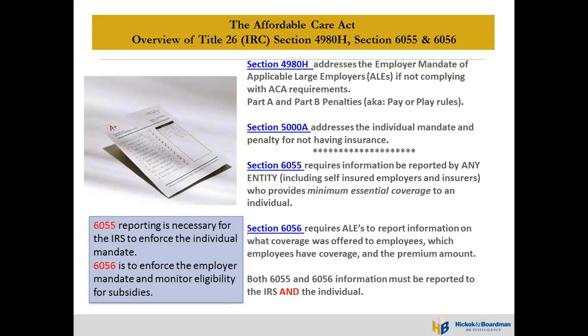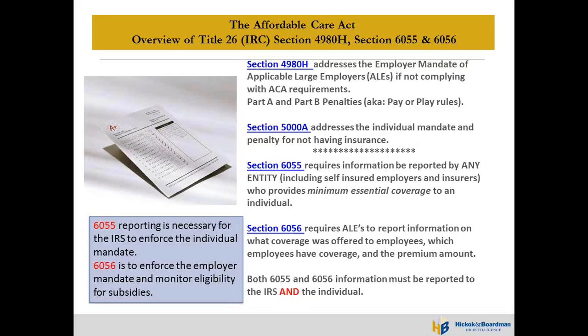This mainly applies to health insurers, your carriers out there, or government plans, but it also includes self-insured employers. So if you self-insure your medical plan, and remember this is only about health care, the medical portion, then you are required to report under Section 6055.